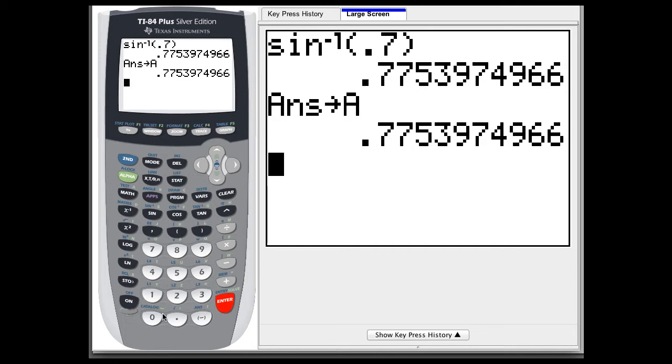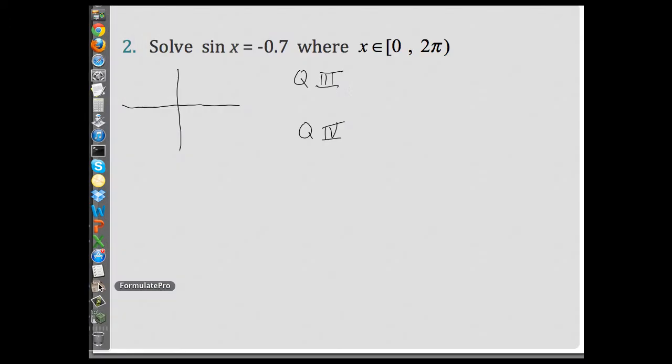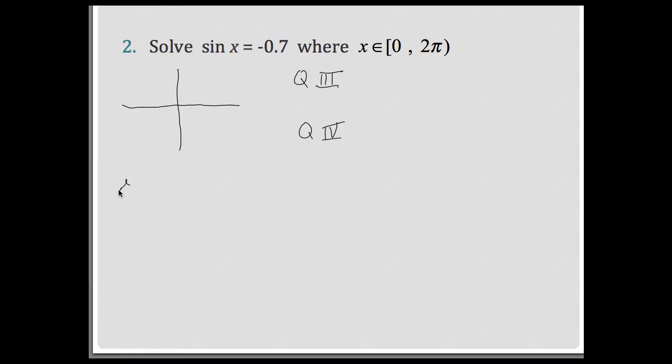So our reference angle is 0.775 radians. Let's do our third quadrant answer first.